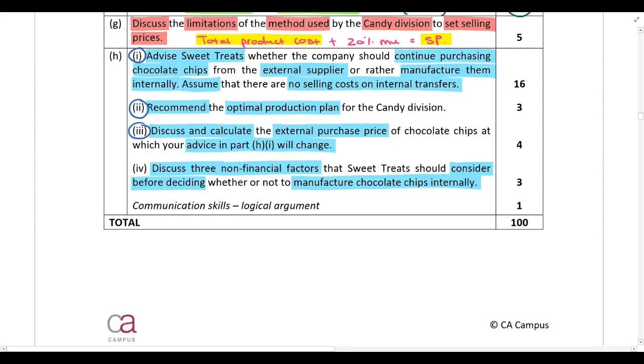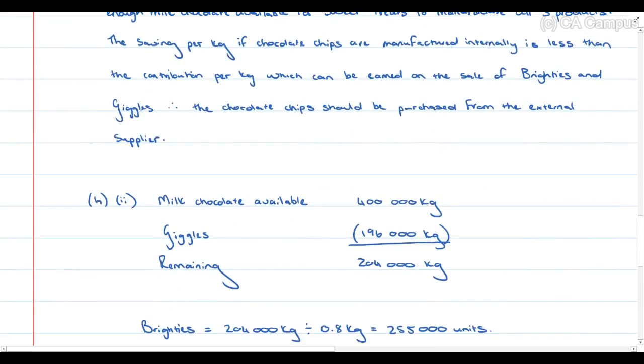Then in part 3, discuss and calculate the external purchase price of chocolate chips at which your advice in part 1 will change. All right, so what was our advice in part 1? We concluded that the chocolate chips should be purchased from the external supplier.